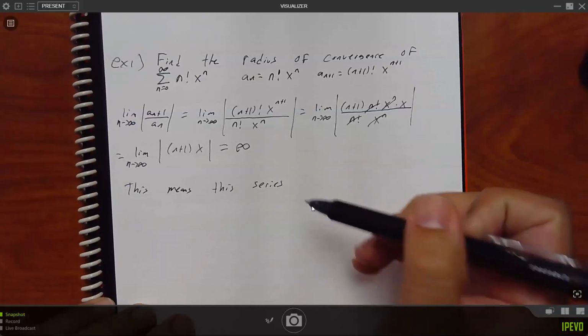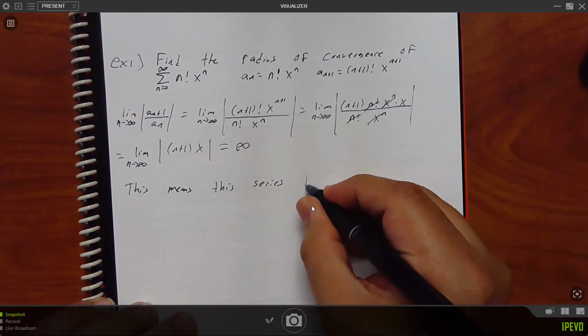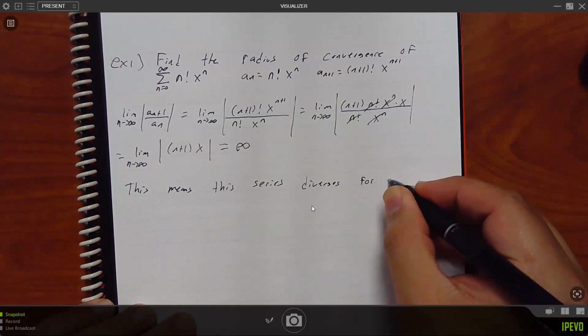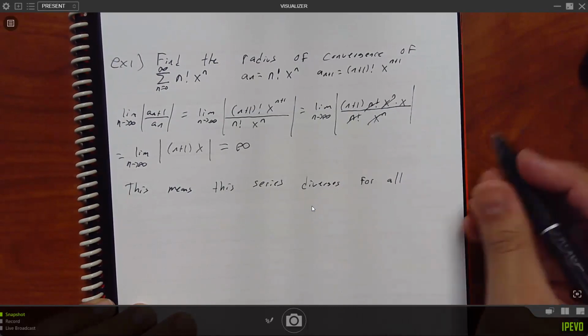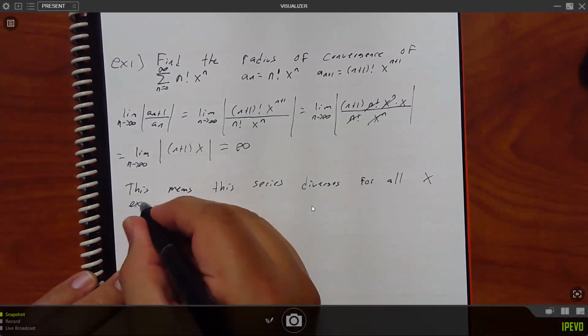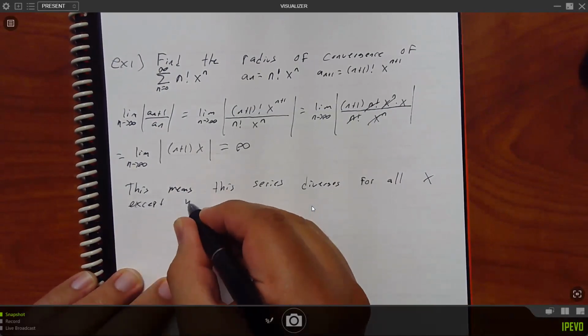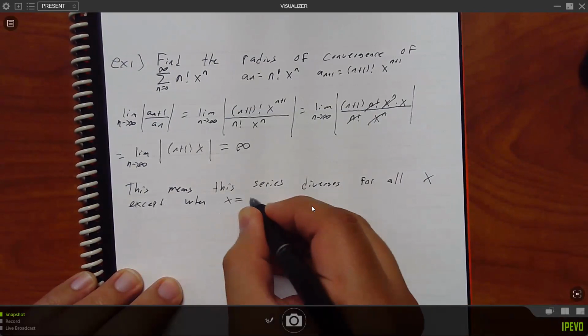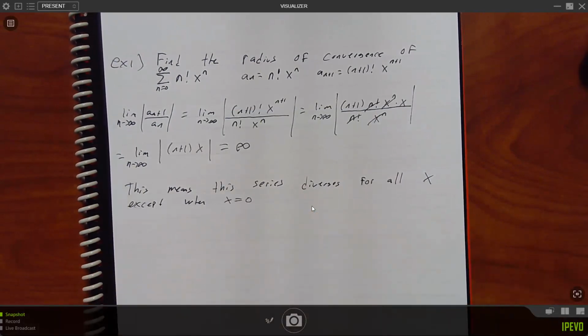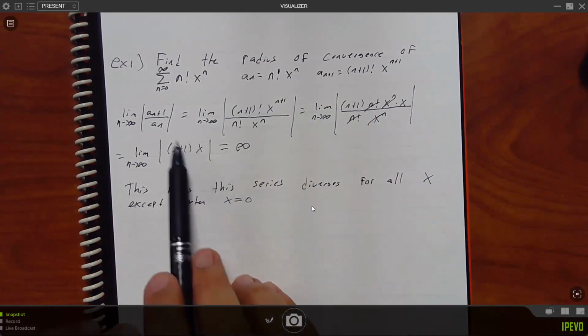So this means the series diverges for all x except when x is equal to 0. Because if it's 0, right, the limit would be 0.